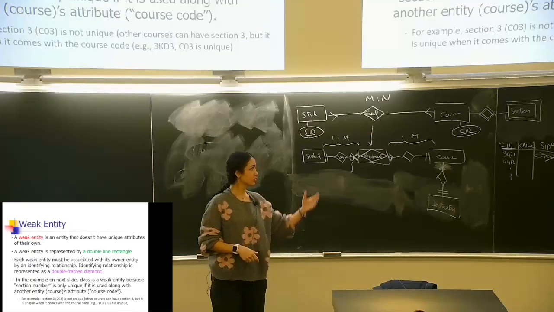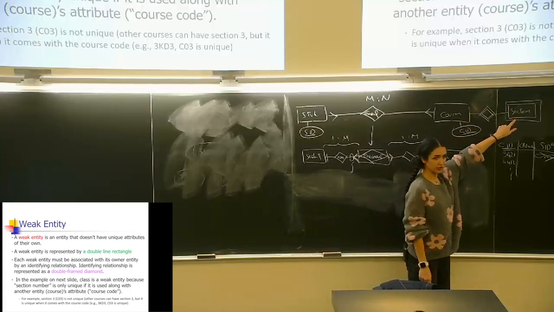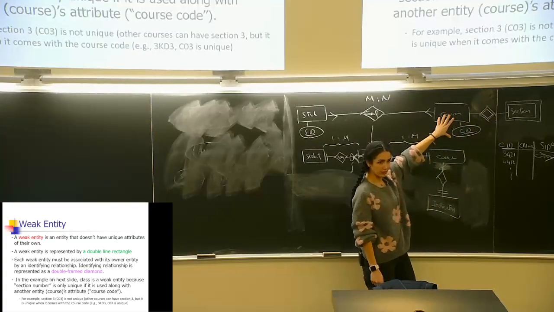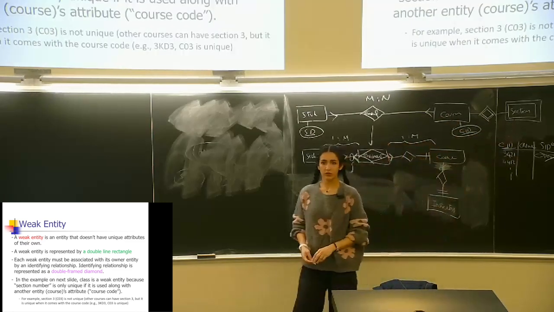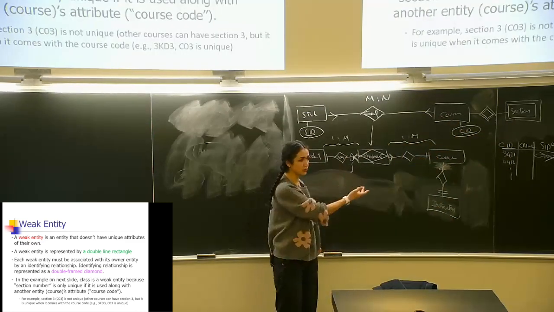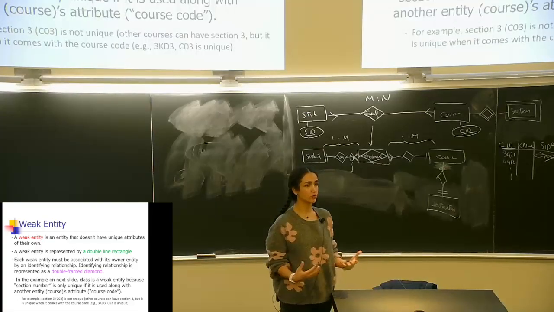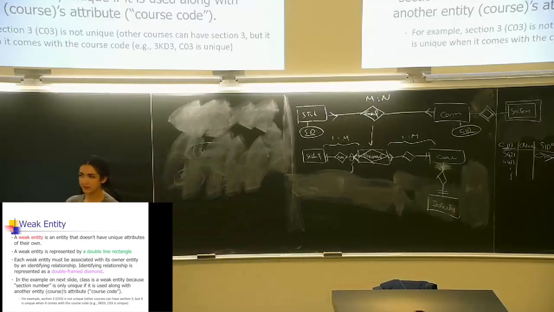Each weak entity has a parent. For example, in this case, section is a weak entity and its parent is course, because it doesn't have its own unique attributes, and it depends on the course for its existence. So if we don't have a course, then course sections do not exist. Is that clear?